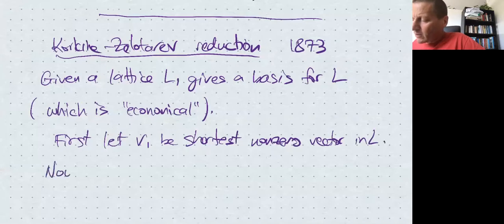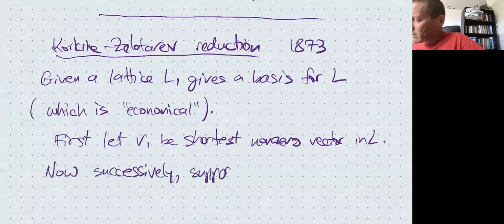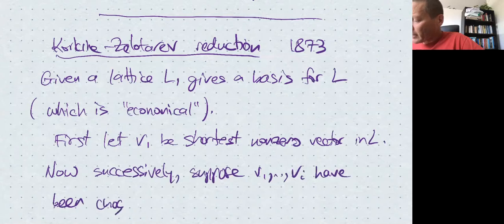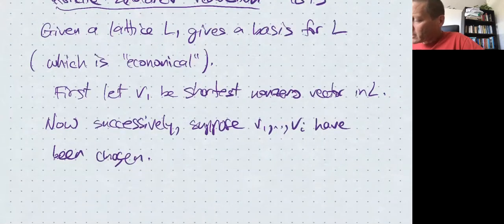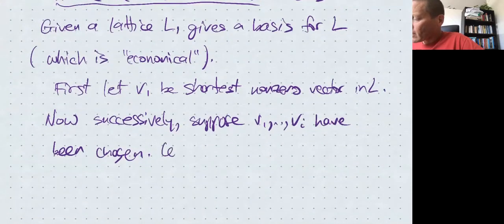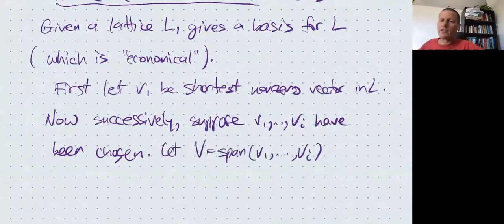Now, successively, suppose we've chosen V1 up to Vi. Let V be the span of V1 up to Vi. So this is some i-dimensional subspace of R^n.